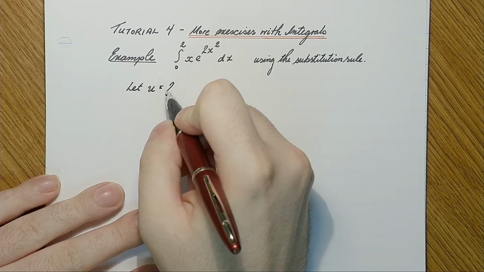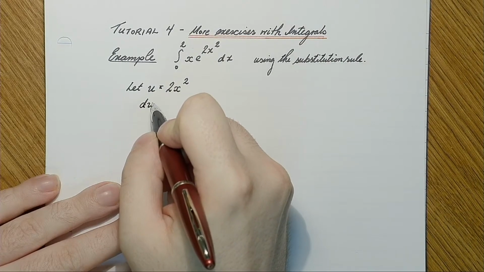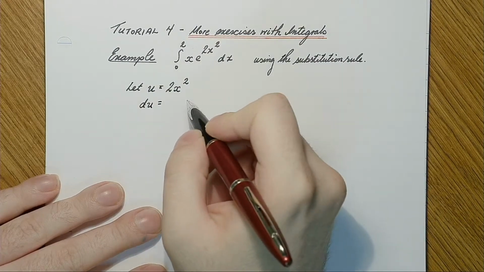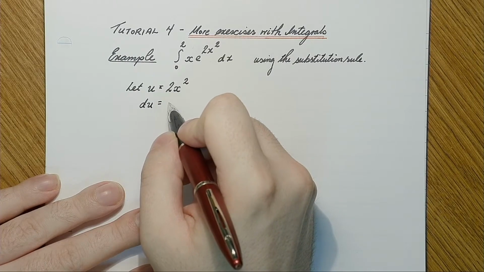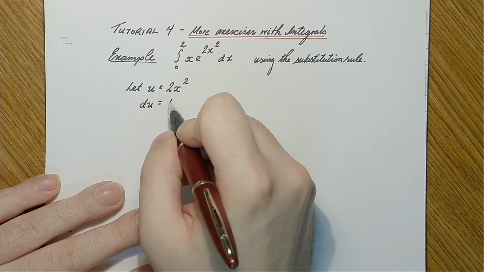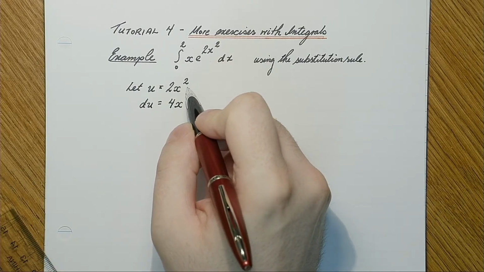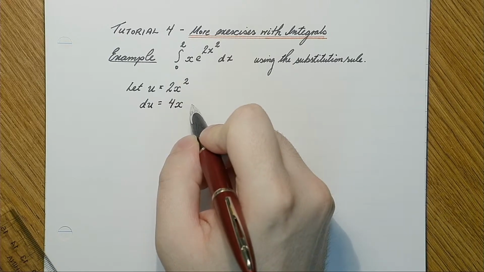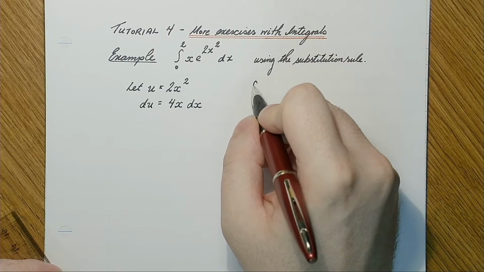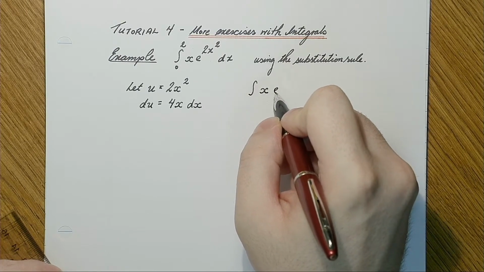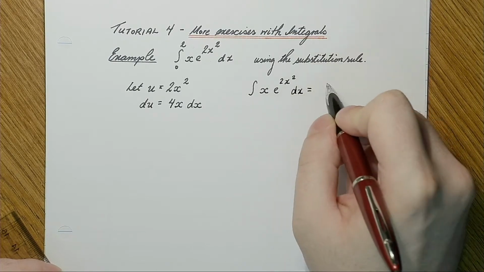If we see that we have the 2x squared, taking the du, we're going to differentiate this. So I have 2x squared, so that becomes 2 times 2 is 4, x, and that reduces down by a degree, so it's just 4x dx. So I can rearrange this a little bit.